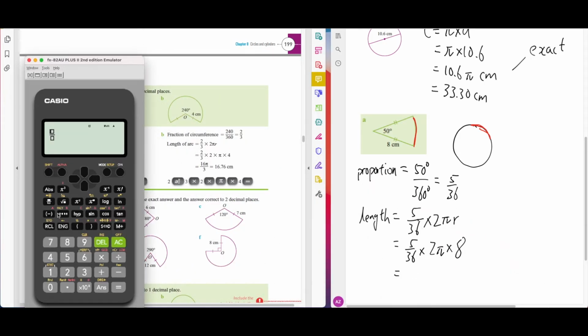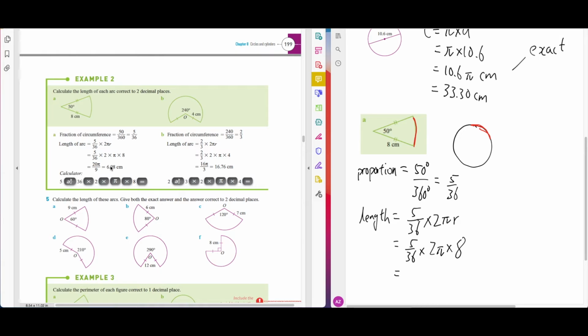So you just do 5/36 times 2 pi, shift pi, times 8. And you get your answer, 6.98. Right, and that's the answer that they have over there. And this should be in centimeters.